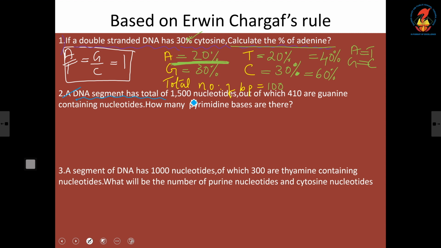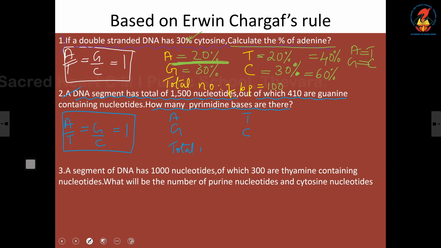A DNA segment has total 1500 nucleotides, of which 410 are guanine. How many pyrimidines are present? So the same format, adenine by thymine is equal to guanine by cytosine is equal to 1, Erwin-Chargaff's equation. Then I am placing adenine and thymines, guanines and cytosines total.